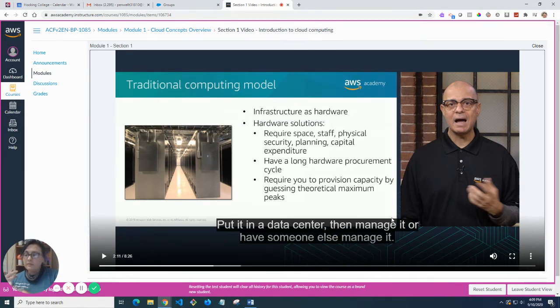You need to have some physical security, just to make sure that nobody tries to steal it or does anything malicious to it. And that also includes any kind of firewall. So the security aspect can be from physically accessing the servers to remotely accessing the servers. Then the planning, and capital expenses.